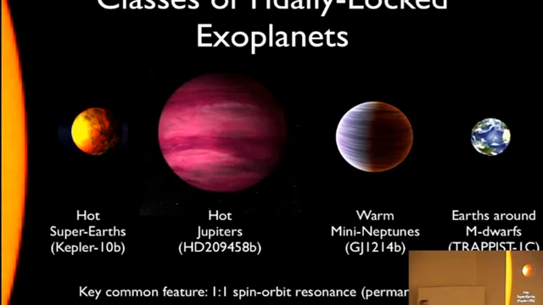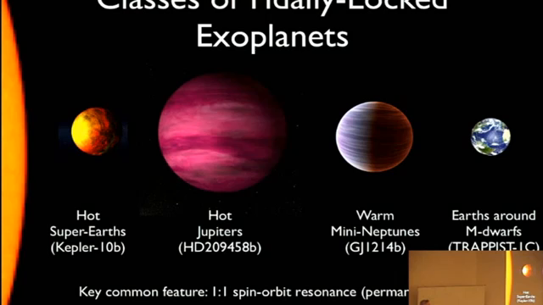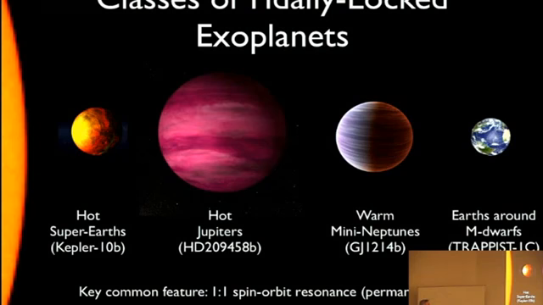Warm mini Neptunes, an archetype of that class being GJ 1214b. And then Earth-like planets around M dwarfs, where a typical planet of interest that has been recently discovered is TRAPPIST-1c. That's a planet about the size of the Earth that receives about the same flux as the Earth. So it's pretty interesting.